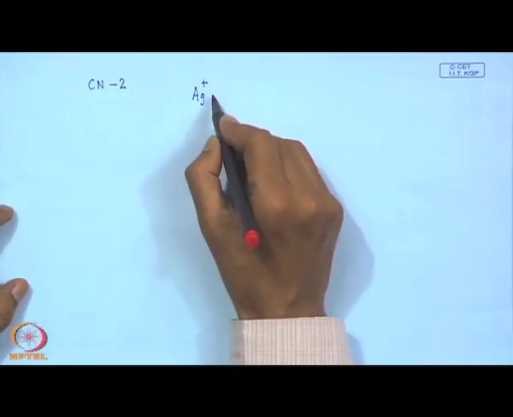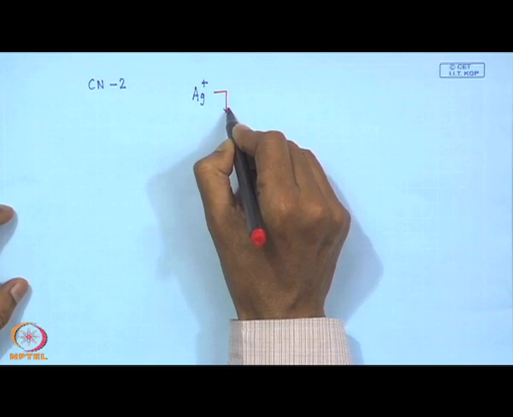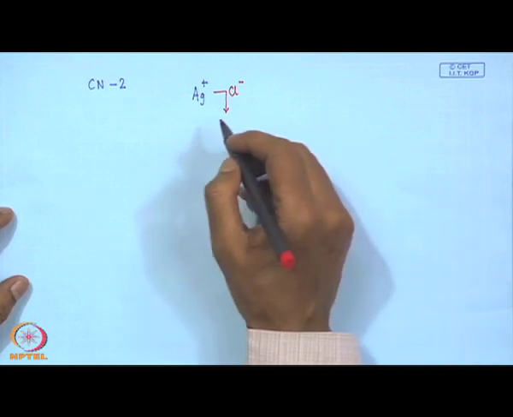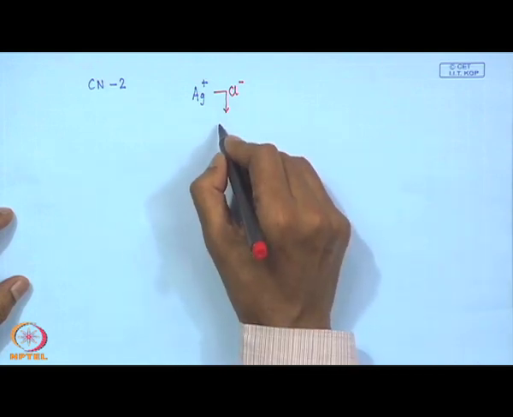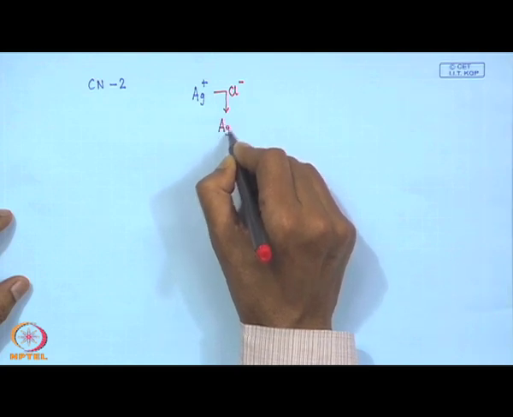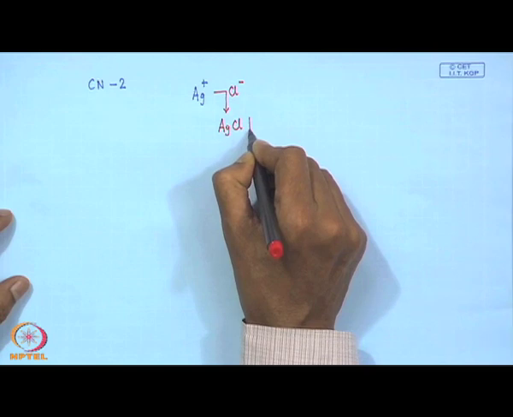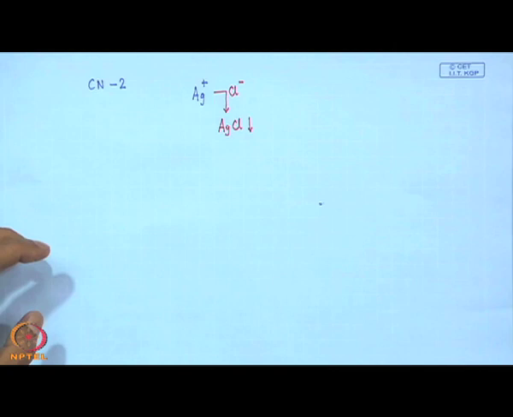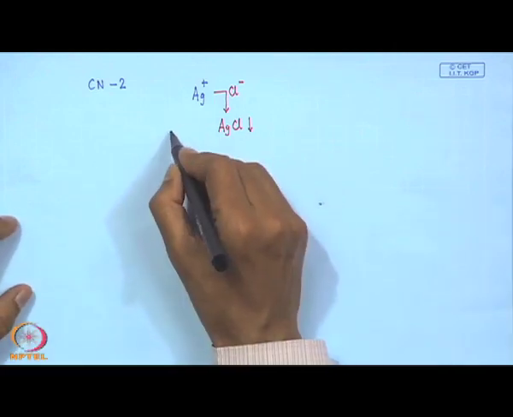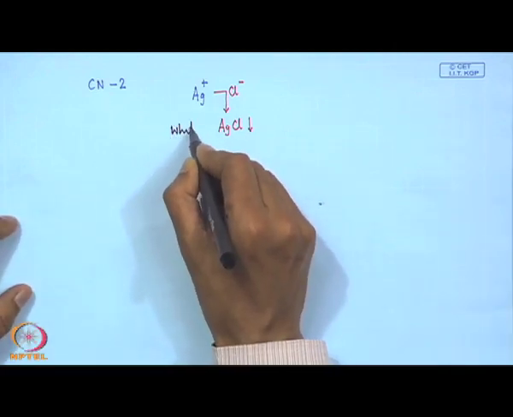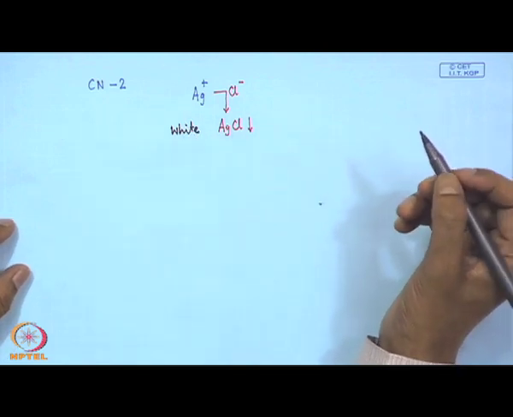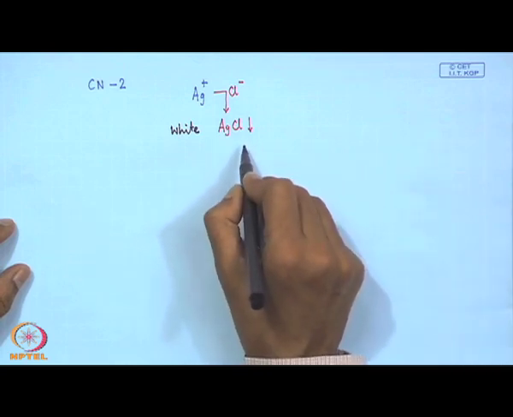When we have unknown chloride in the system in any form, we add silver nitrate, an aqueous solution of silver nitrate, as the reagent, and we get silver chloride as the precipitate in the medium. So, silver chloride is getting precipitated, which is white in color. We have to identify that this precipitation is due to silver chloride.